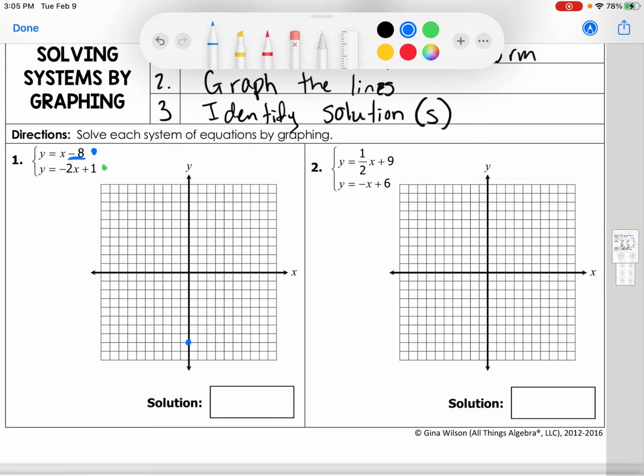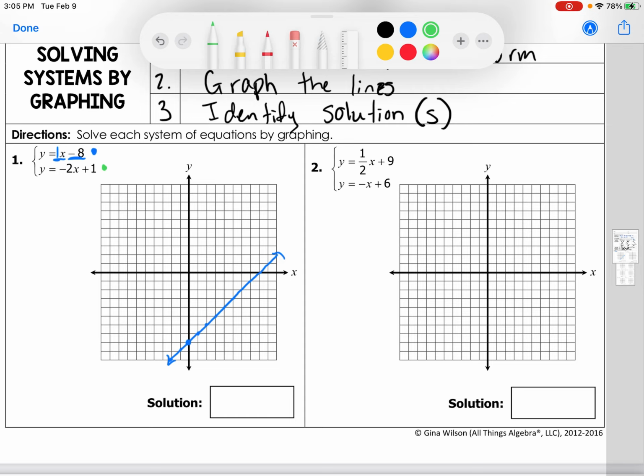So that's going to be our first point. And then the next thing we look at is our slope, which here is 1, even though they didn't put it there. So we go up 1, right 1, up 1, right 1, so on and so forth, or down 1, left 1. And then we connect all of these points with a straight line.